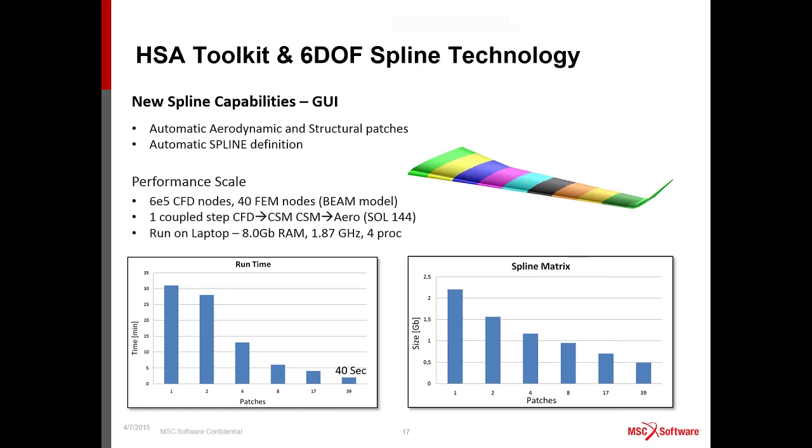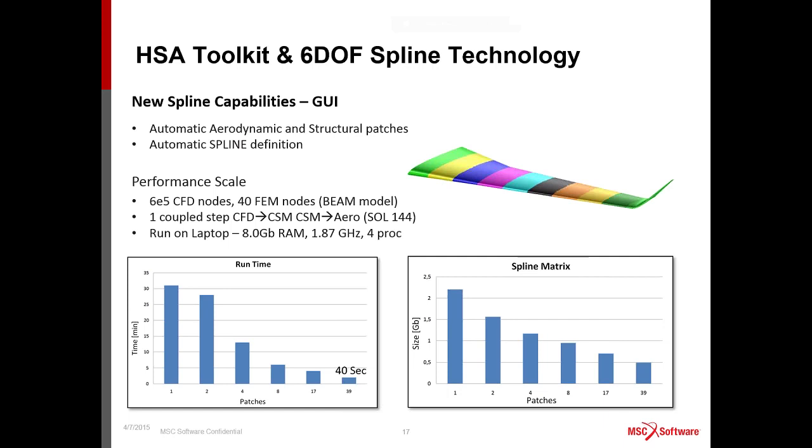We started performing the solution without using the toolkit. This means just with one spline, everything to everything in terms of aerodynamics and structure. As you can see, the run was something about 32 minutes to get the solution SOL 144.